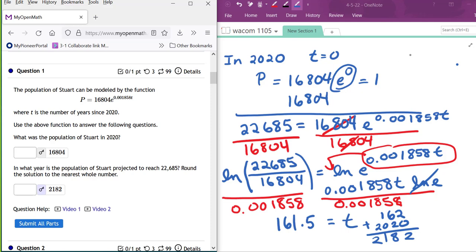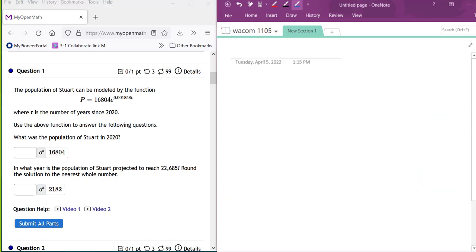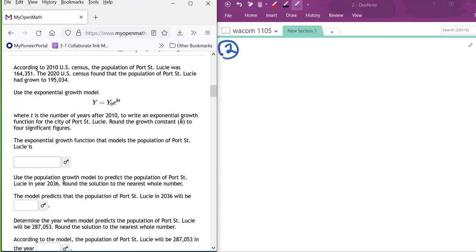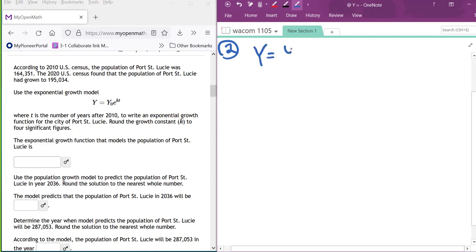Right, so let's look at question 2. And so here we're going to look at Port St. Lucie's population. And so here is our model, which is standard. They have just switched the variables from a and a sub 0 to y and y sub 0.